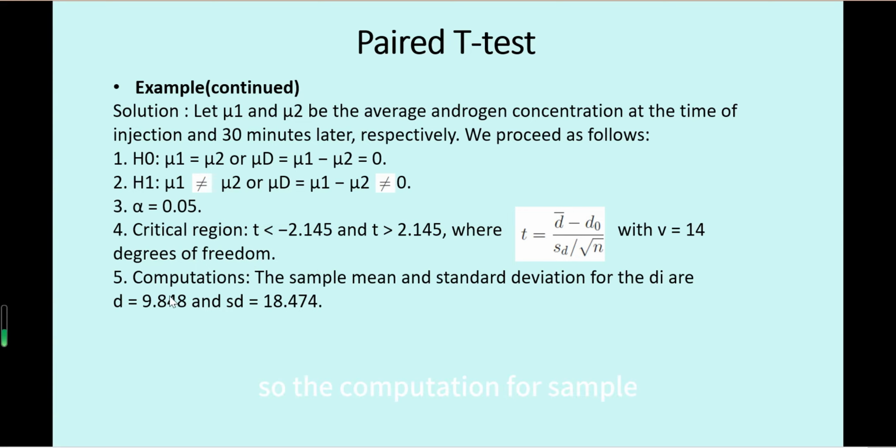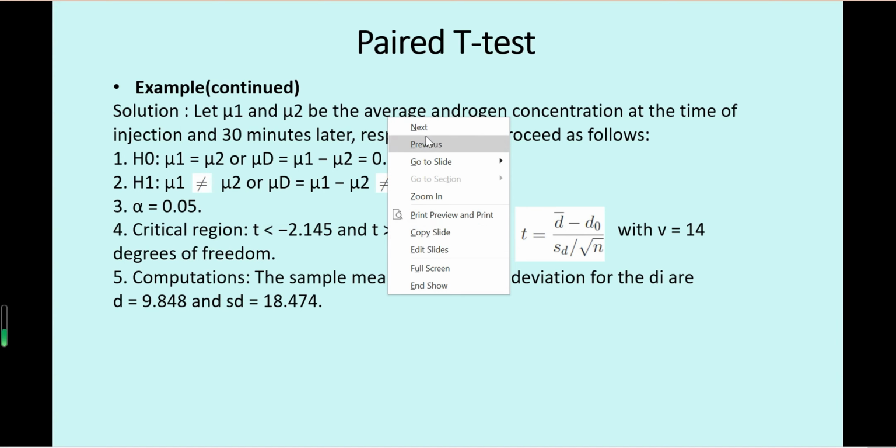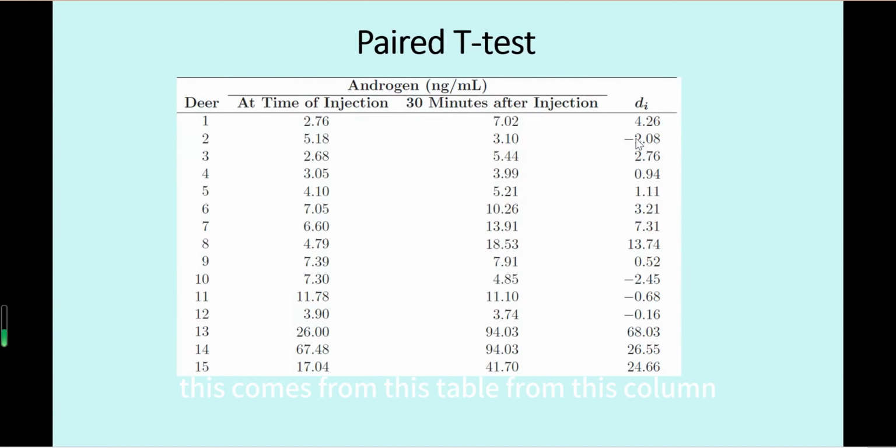The computation for the sample: the sample mean and the standard deviation for the di are 9.848 and 18.474. This comes from this column of the table. We calculate the mean of this column, so this is the d-bar, right?